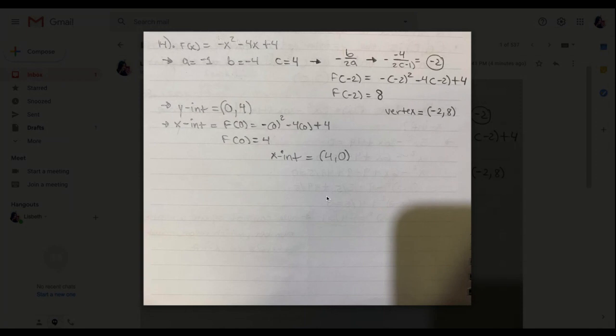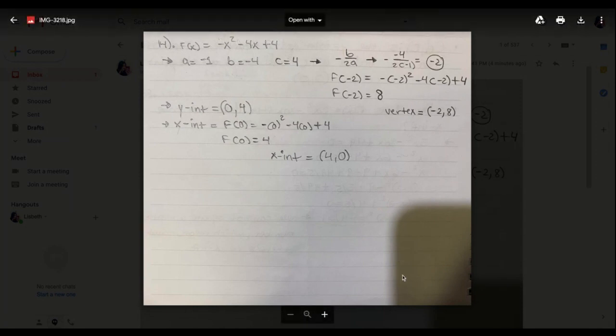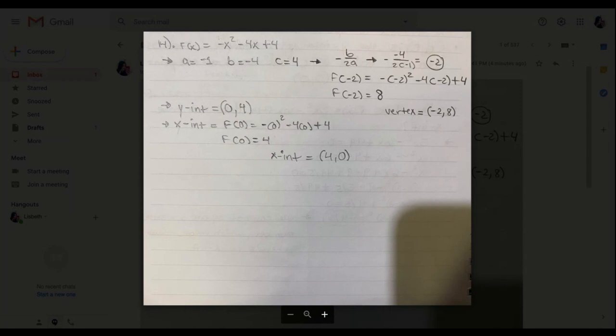So how do we find the x-intercept? Remember, we set the function equal to 0. We say f of x equals 0. Finding the x-intercept is tricky.